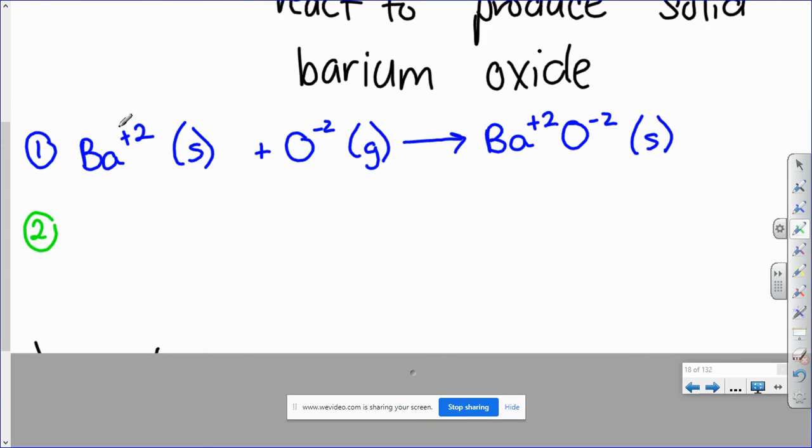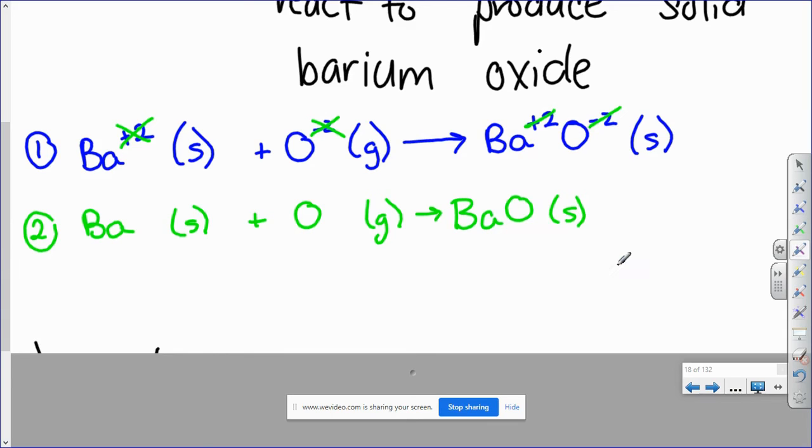Ba is by itself, so I don't care about its charge, so this will just be Ba. Oxygen is by himself, so we don't care about his charge either. So we could swap and drop these, but I remember if they are the same charge but opposite, they cancel. So this is going to be BaO.